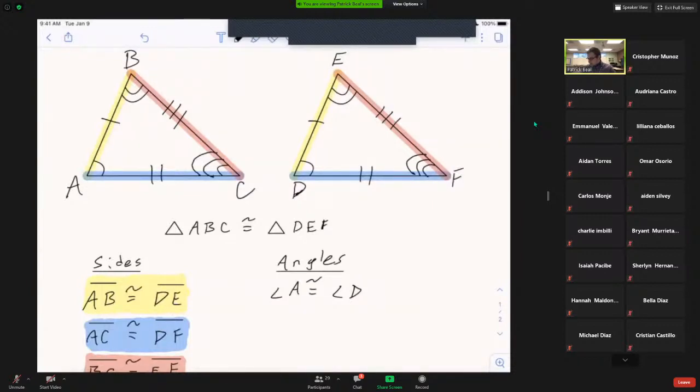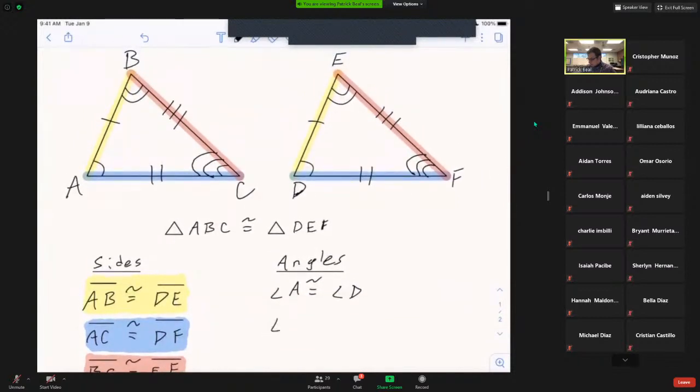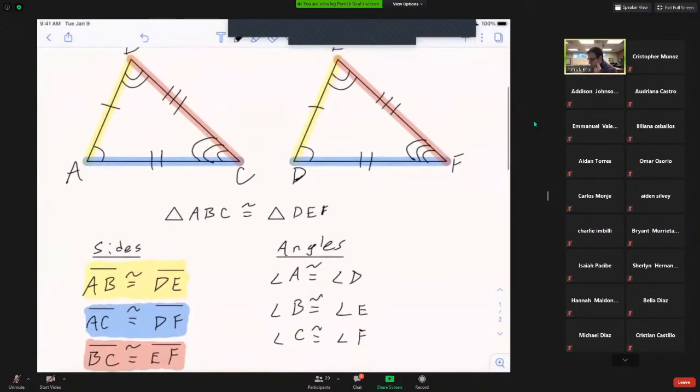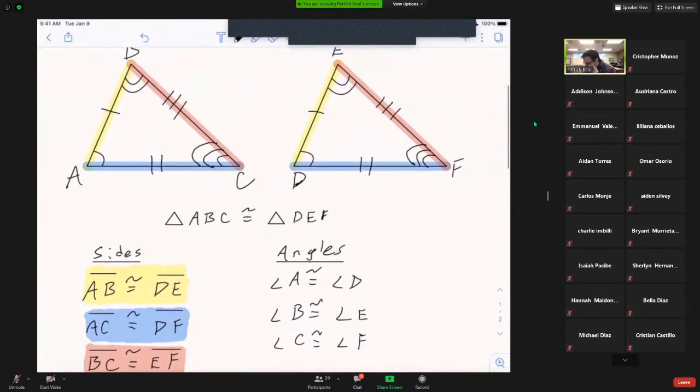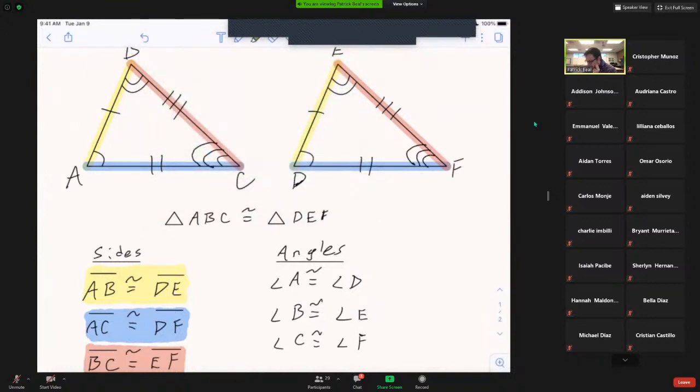So angle A is congruent to angle D. Angle B is congruent to angle E. And angle C is congruent to angle F. Let's see here. A looks like it's green, so let me reinforce that with a green, because blue and yellow make green.